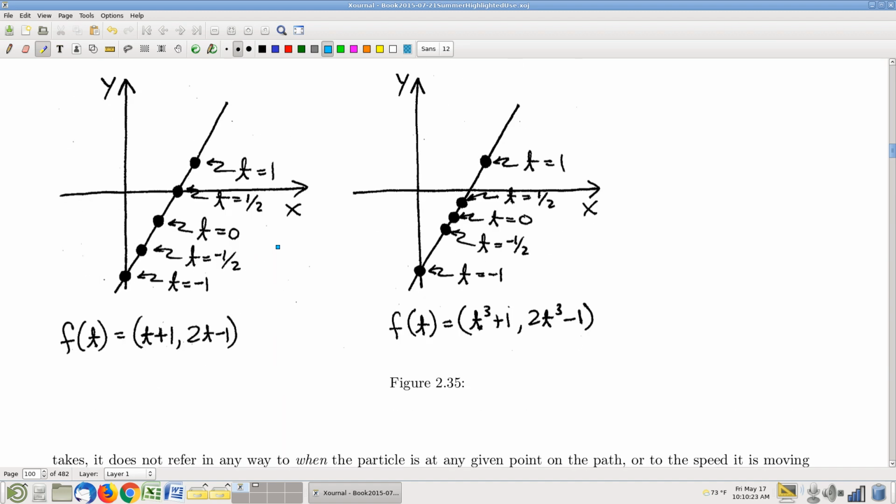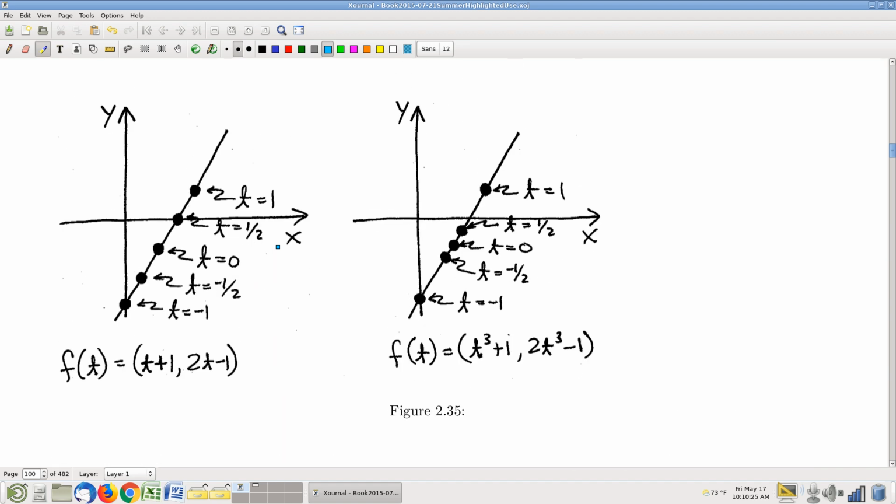Okay, here's one way that you might represent some of this. Here is a line. This is that same line that we looked at last time. Same line, same road, but two different road trips, two different parameterizations. We saw those two different parameterizations last time. In the first parameterization, it was what you might call linear, in that you were moving across that straight line at a constant speed.